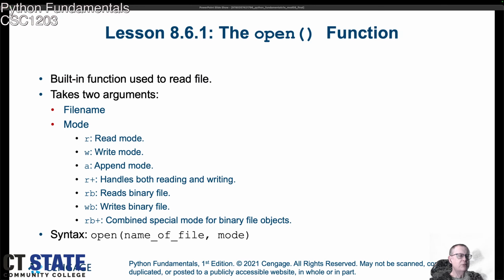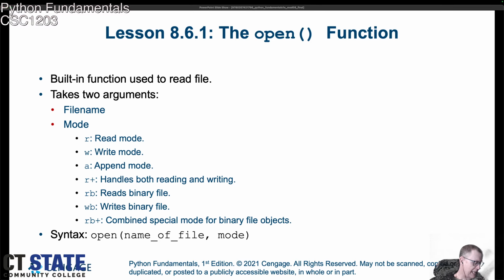The mode tells Python how you're going to use the file. I just wanted to read the file. I didn't want to write the file. If I wanted to write the file, I'd use w or wb. B means binary file. Doesn't really matter.